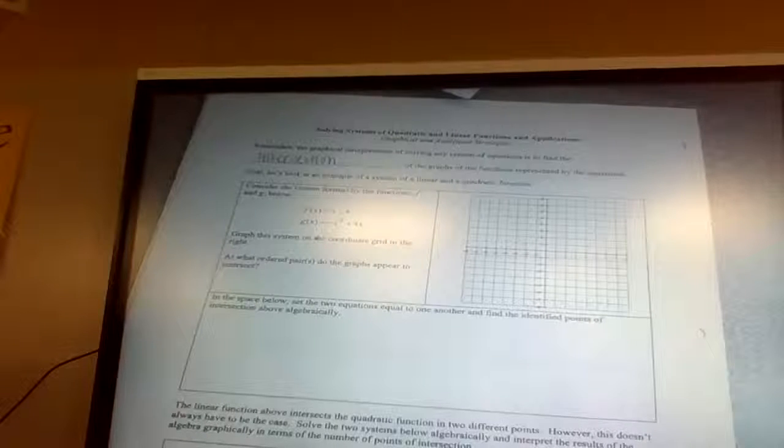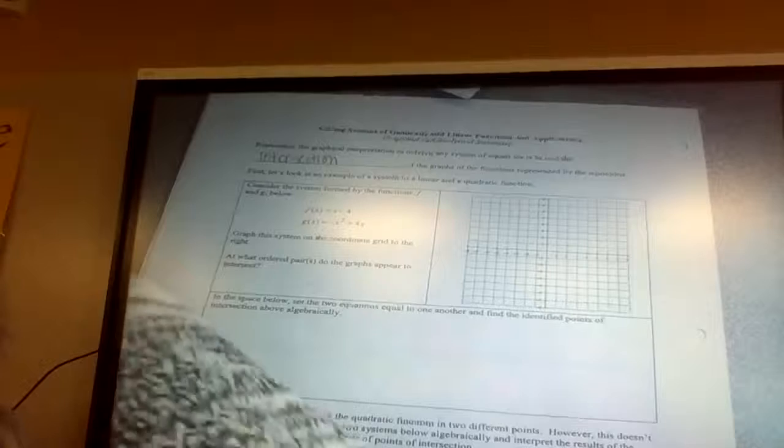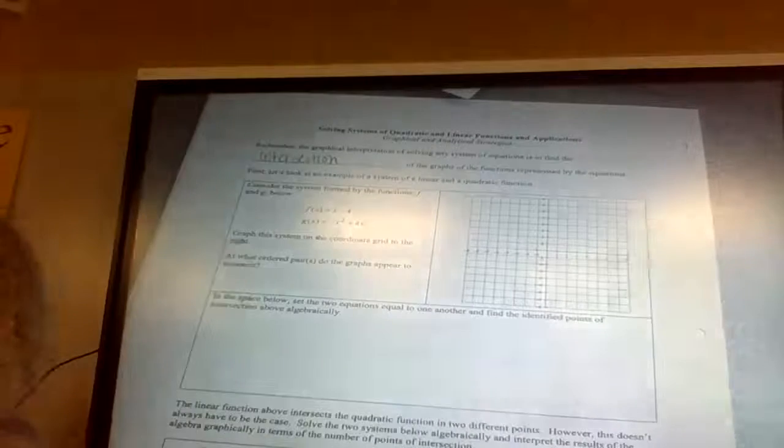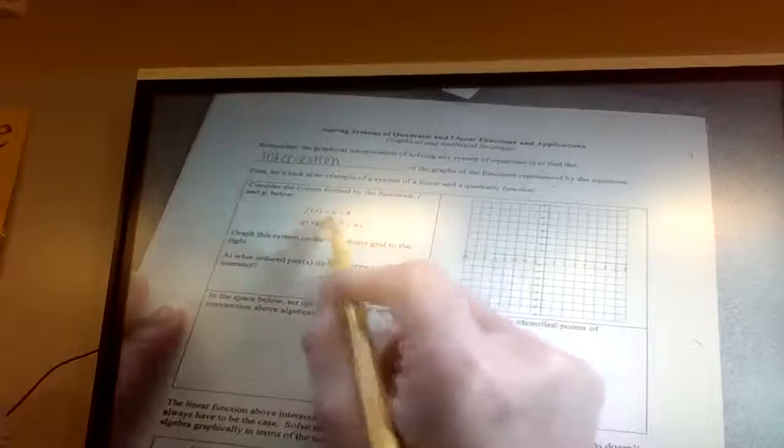Graphing is as accurate as you are neat, and some of you are not neat. So that's the problem with solving by graphing. But we're gonna go ahead and solve this one by graphing just so you can get an idea of what it looks like. All right, so graph your line.